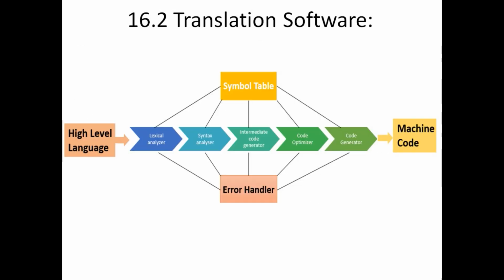So you write your code in a high level language, which goes through the lexical analyzer, then the syntax analyzer, then intermediate code generation, then the code is optimized, and finally it goes through the code generator and machine code is produced. During all these stages, the symbol table as well as the error handler are consulted.